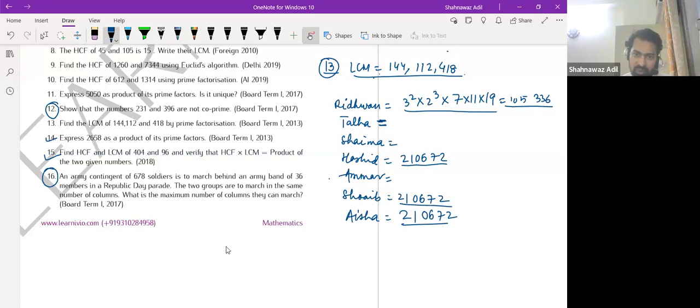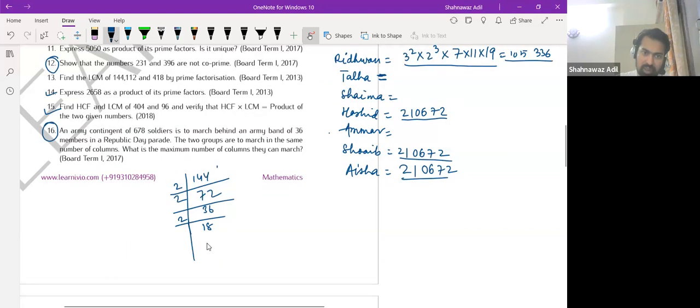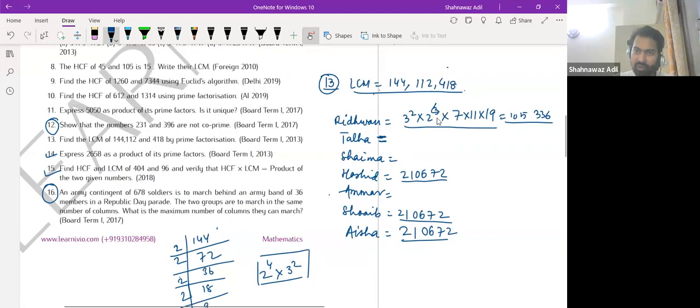What is 144? 144 is 72, then 36, then 18, then 9, then 3. So we have 1, 2, 3, 4, and then we have 3 square. So it's 2 raised to 4. By mistake. Okay. Then what is this? Yes. So this one is 2, 1.